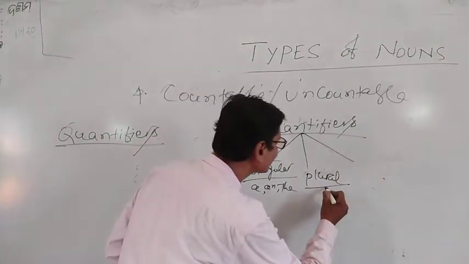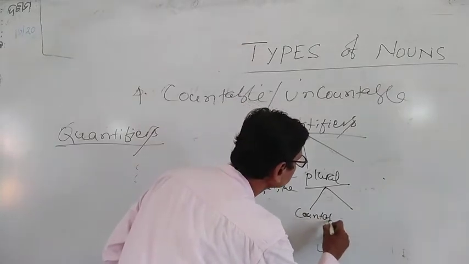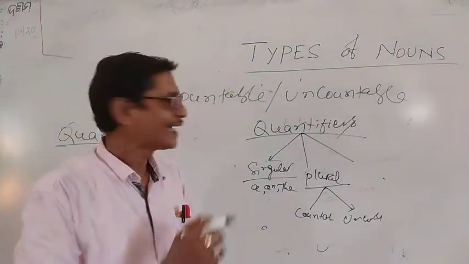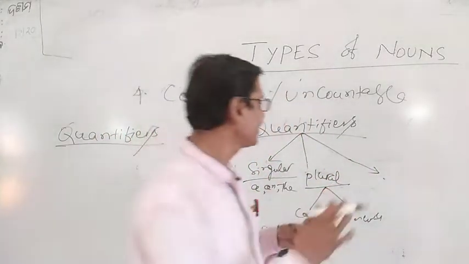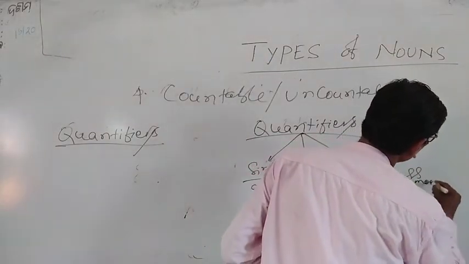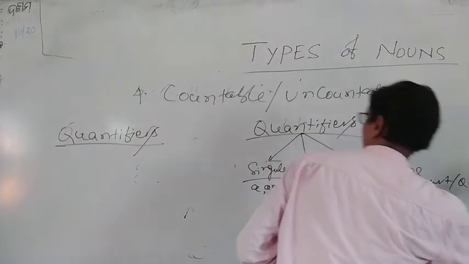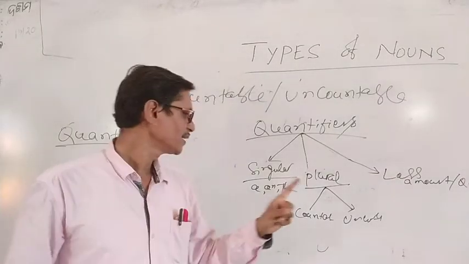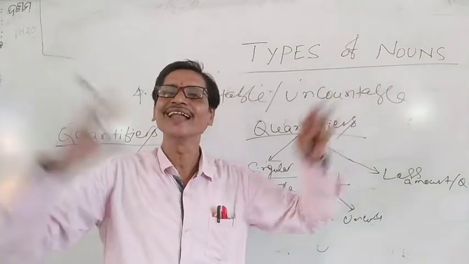Okay, so for this we can use quantifiers for countable and for uncountable nouns. Another thing is to know about the less amount or quantity. This is only one, this is more, and this is less.